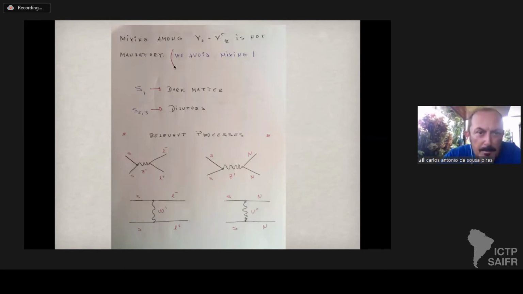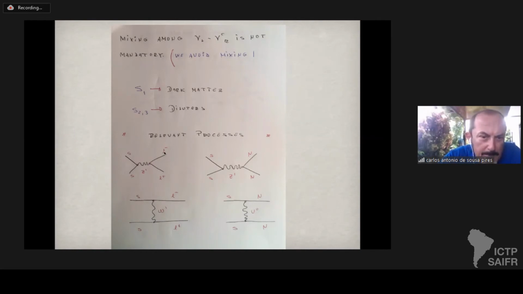Then, from the three sterile neutrinos, I will choose the lightest one, which I refer to as S1, to be the dark matter candidate in the warm form. And S2 and S3 will be the diluters, okay? And inside the model, the relevant process to calculate the abundance is one mediated by Z prime, W prime, and U0, okay?